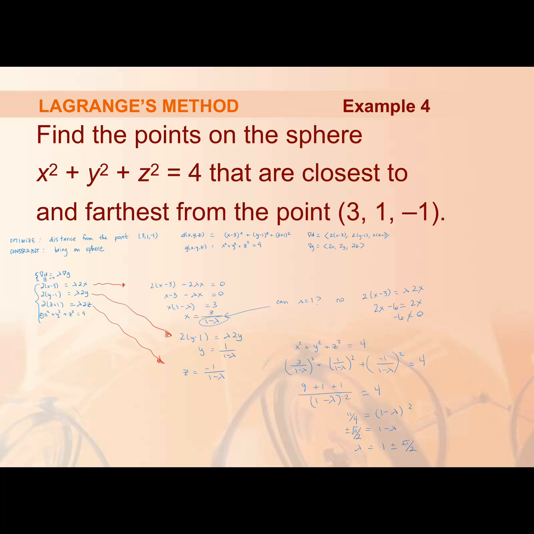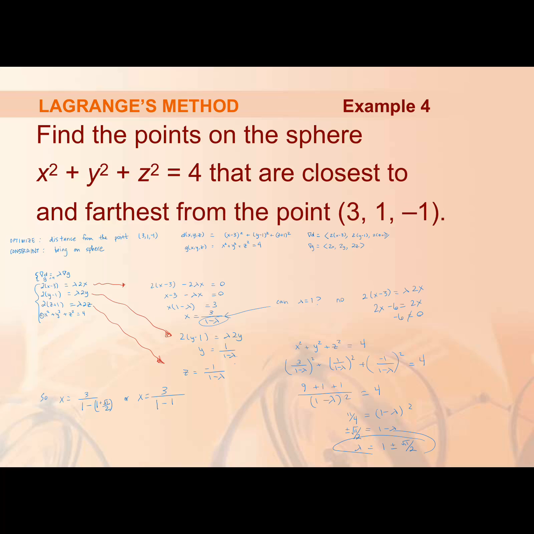Okay, and now you would take this value of lambda and plug it back in to get x, y, and z, right? So x is equal to 3 over 1 minus. Now for your values of lambda, you've got 1 plus square root of 11 over 2, right? Or 3 over 1 minus, 1.